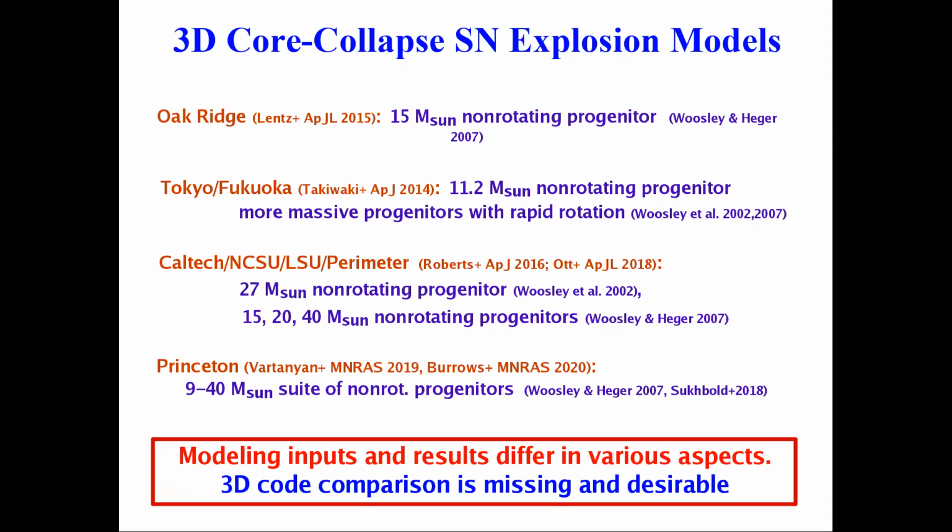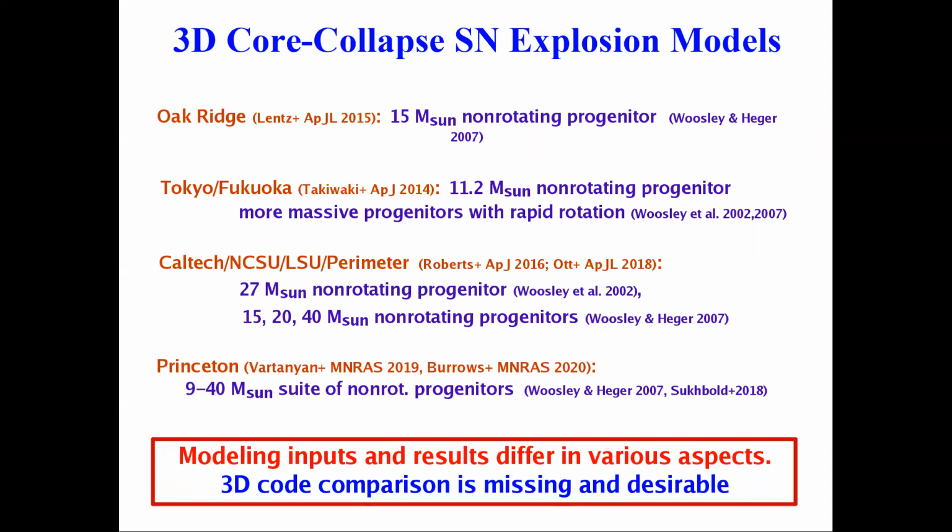But do you think there could be some plans in the future of choosing one model and all these groups trying to get a successful explosion? Yeah, that's a good point. This may happen.